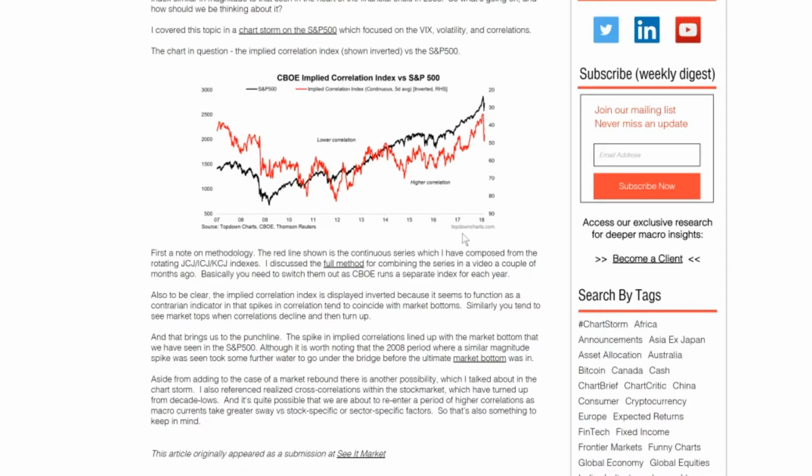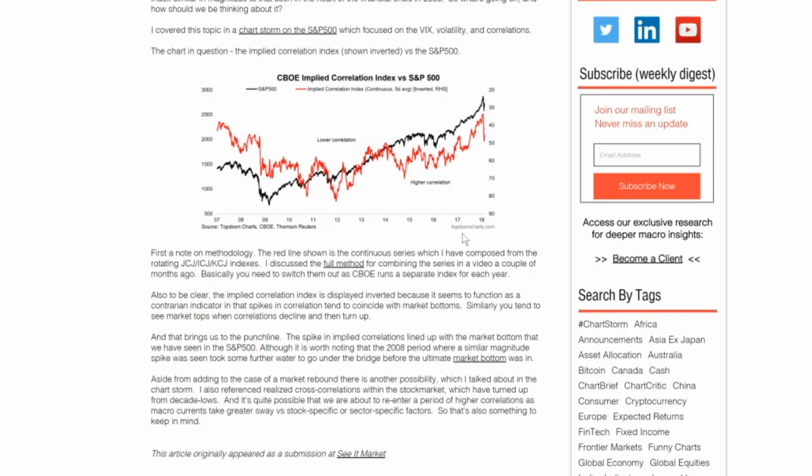basically the way that you do that is you have to chop and change as the old index starts to drop off and the new index starts to come in. They're obviously going to be trading at different levels due to the way that the index is constructed.